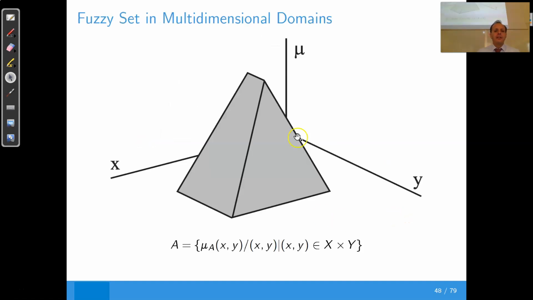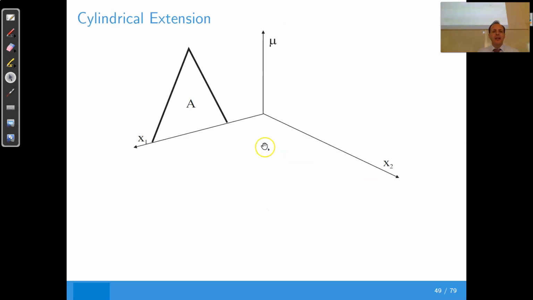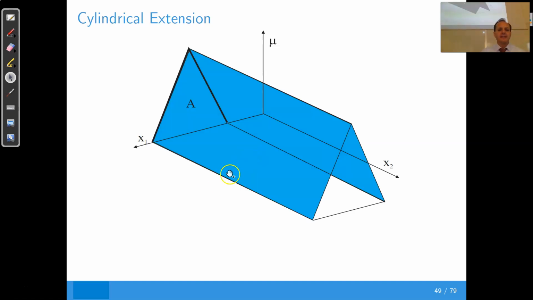We can also, which is useful, as you will see later, to obtain this picture, use the cylindrical extension. Cylindrical extension, from a graphical point of view, is very simple. You take each point on this plane, so for each x1, you take the point and you extend it according to the second domain, x2.